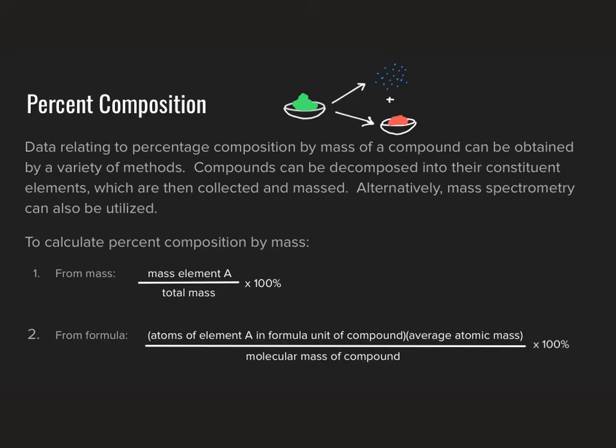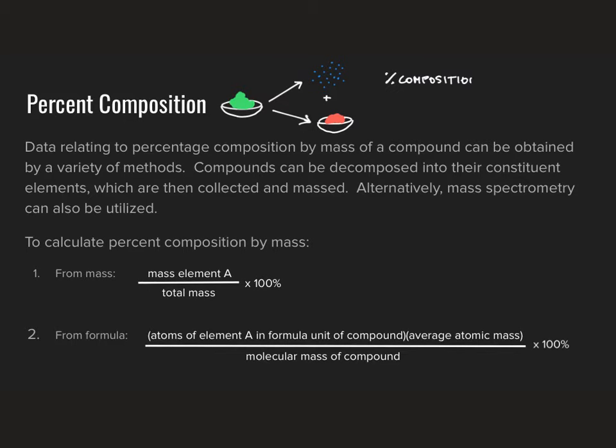Because of conservation of matter, I would expect to see that the sum of the masses of all of the products that we had decomposed into must have been equal to the mass of the compound we started with. And I could simply divide the mass of each element that we obtained this way by the total mass of the compound we started with and multiply by 100% to find the percentage mass of that particular element.